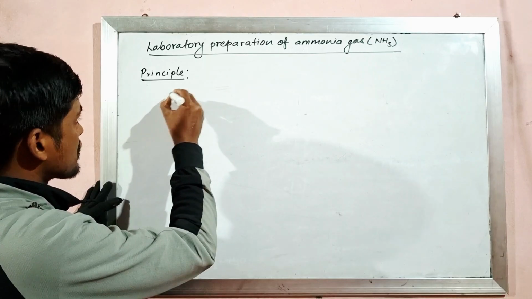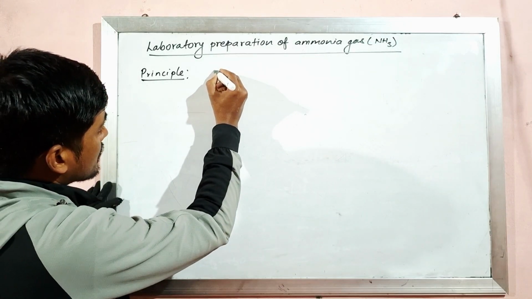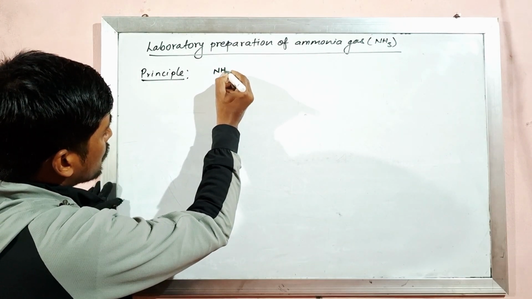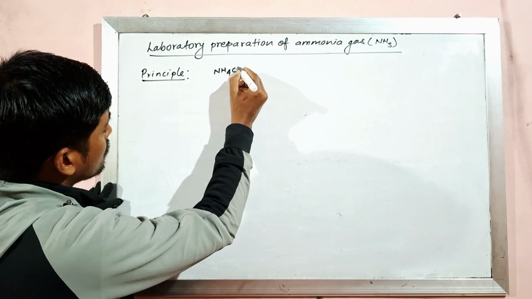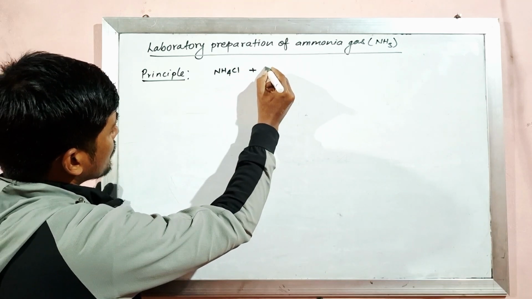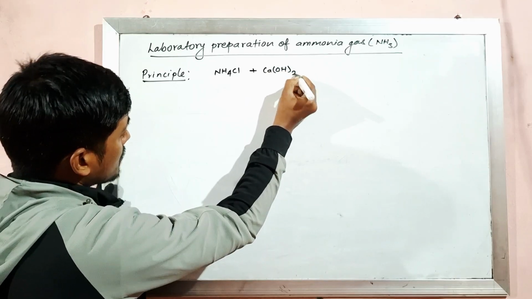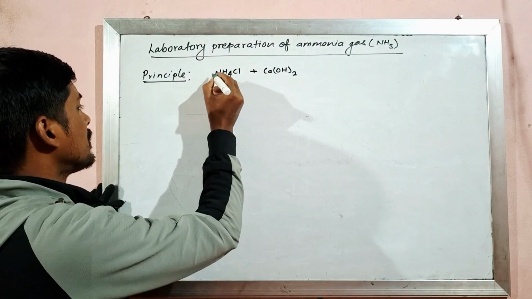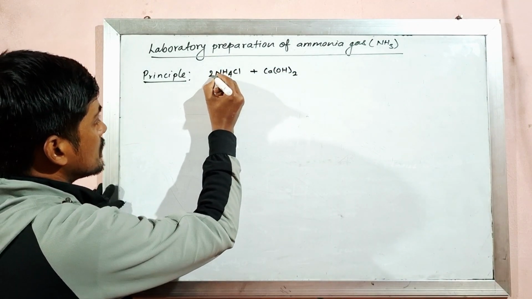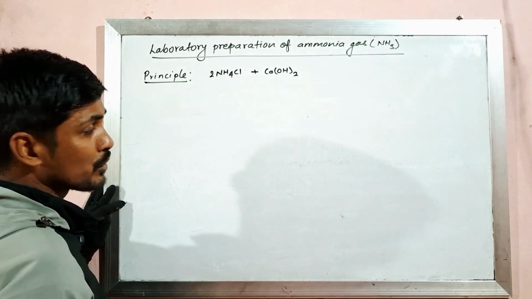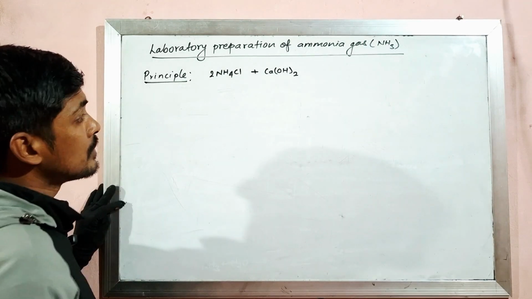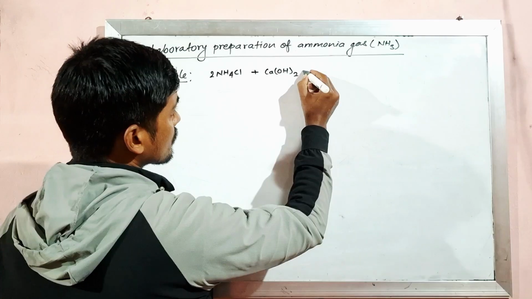this ammonia gas is prepared in the laboratory by heating the mixture of ammonium chloride and calcium hydroxide. Here in this mixture, the ratio of ammonium chloride and calcium hydroxide is 2:1.